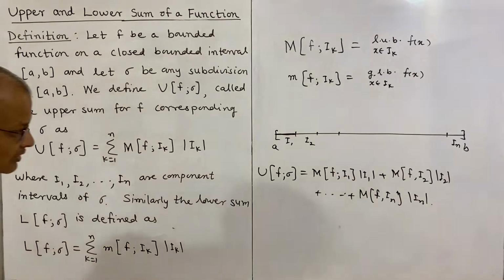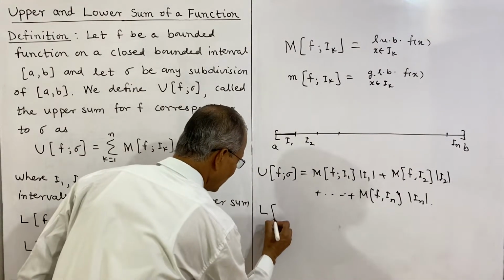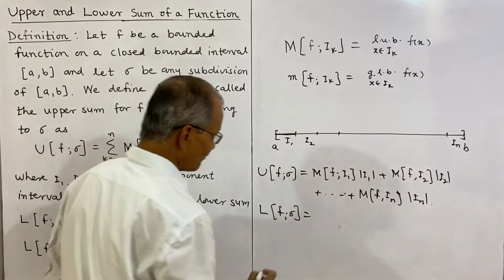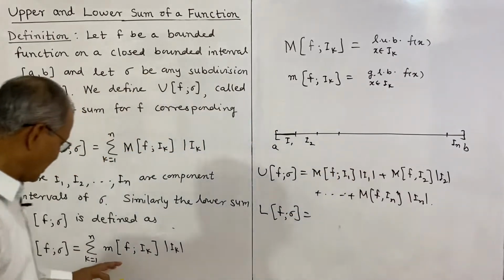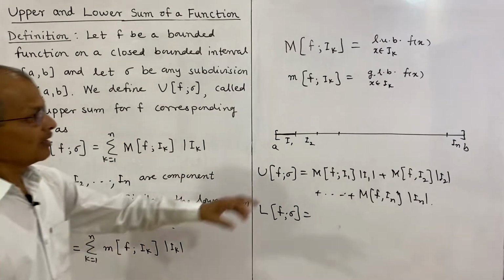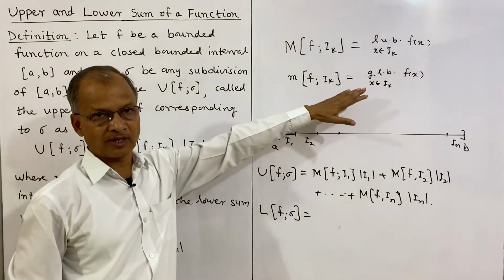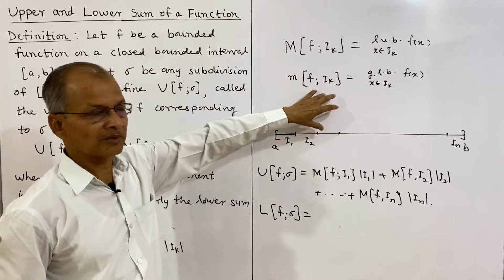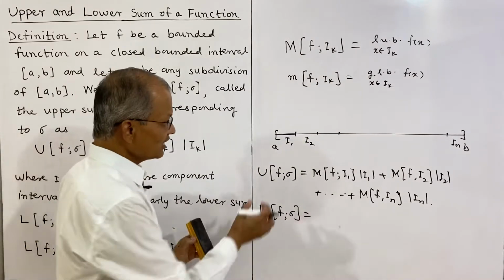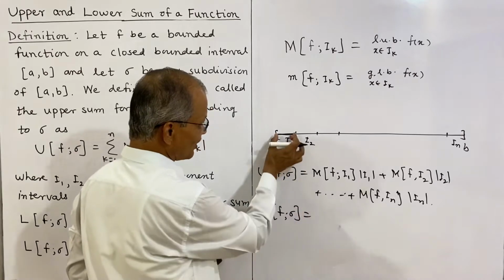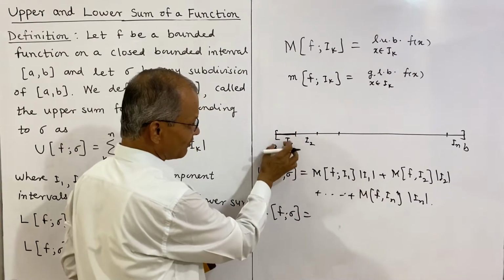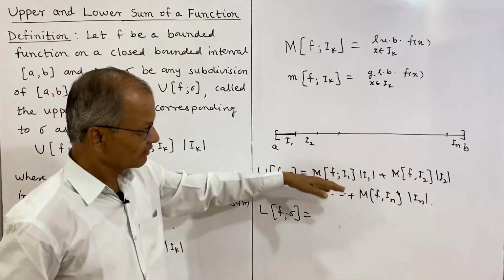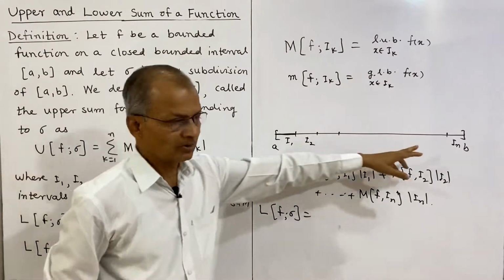Similarly, the lower sum of f on sigma, the same subdivision, will be, instead of capital M we have here small m. What is small m? The greatest lower bound of f of x. That means the smallest, least value of the function in the interval. So in each interval, for upper sum we have to take the maximum value multiplied by the length of the interval and add this up to n terms.